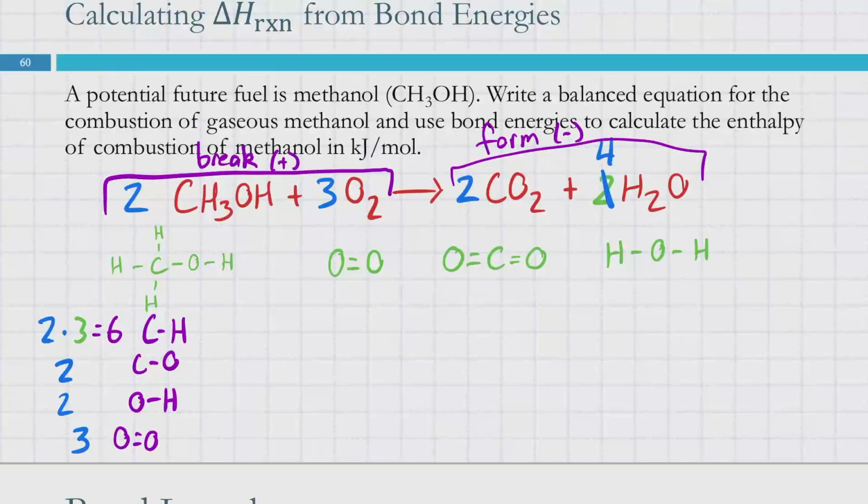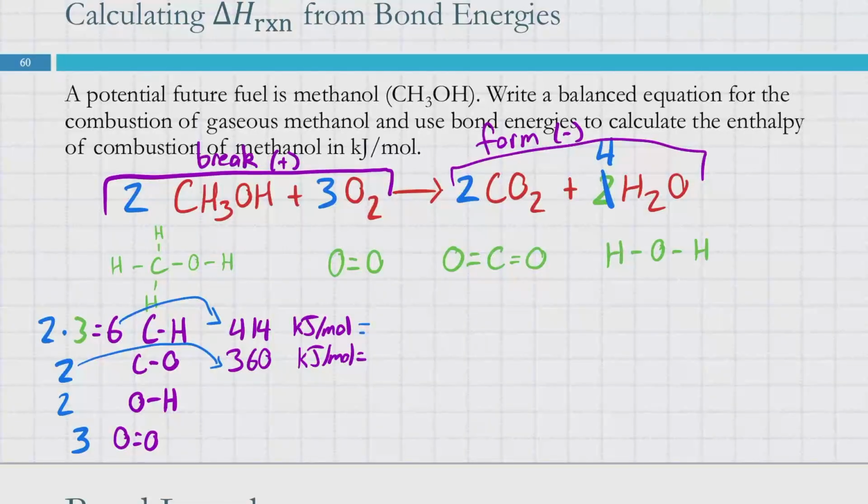And we need to go to our table and find them. So we are going to find CH. This is in our table as HC, and it's got a value of 414 kilojoules per mole per bond. So that 6 times the 414 will give us a value. Our CO bond, we are going to find as C with a single bond to oxygen. It's got a value of 360 kilojoules per mole. And again, that 2 is going to multiply by that 360.